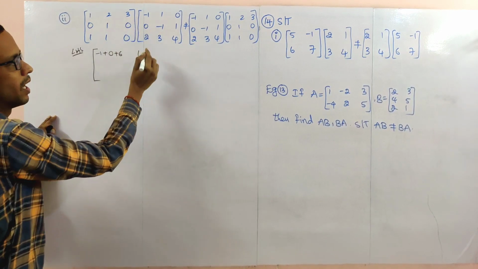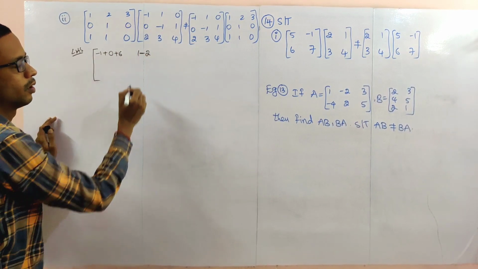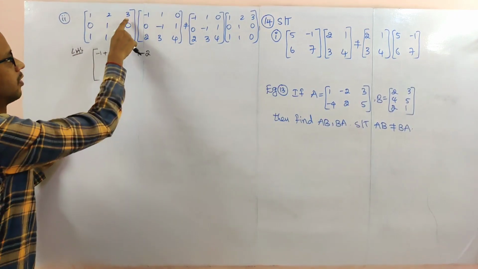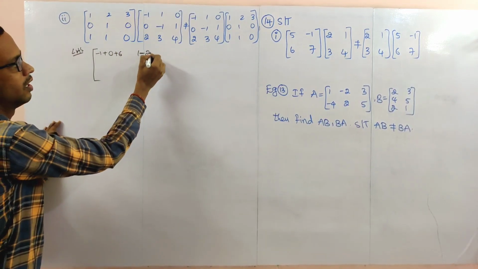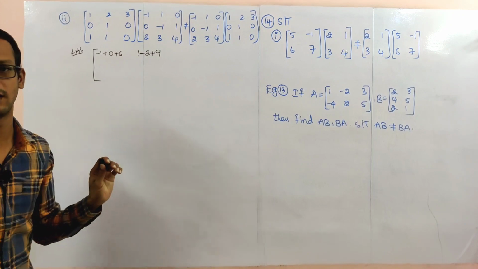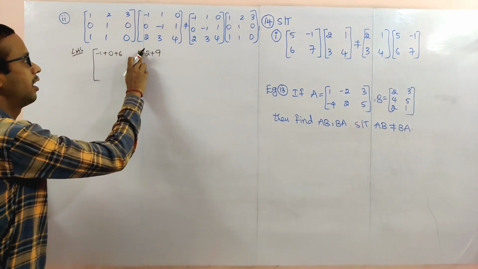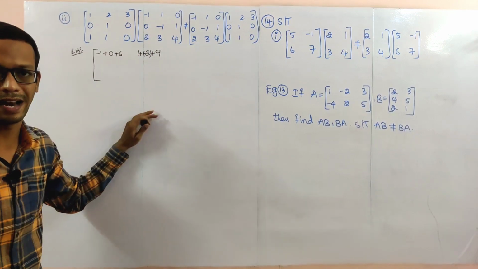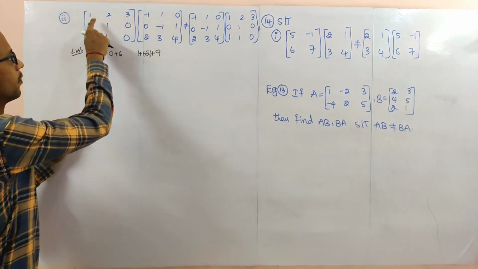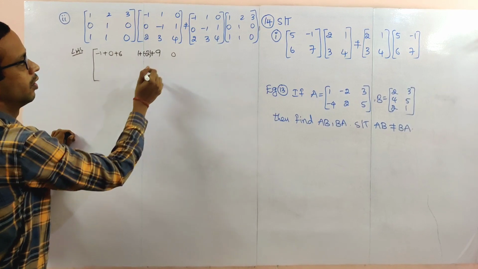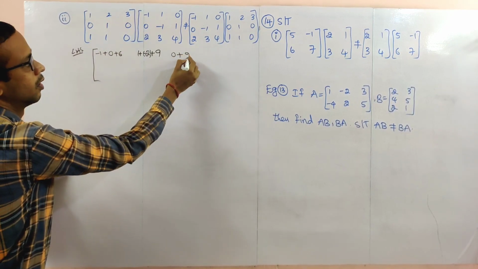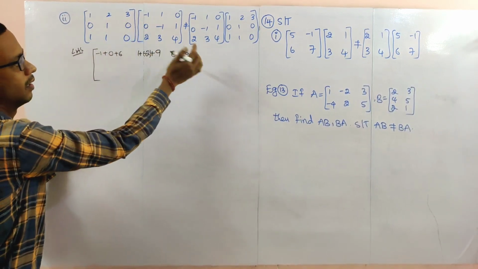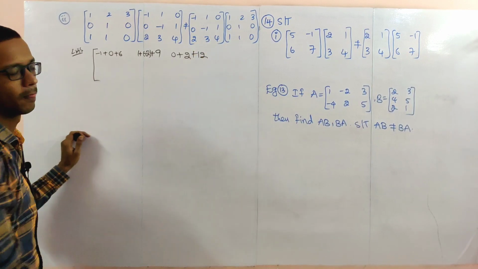Plus 2 into minus 1, minus 2. Plus into minus, minus you will get. Next, plus 3 3s are 9. Otherwise, write here also if you have any confusion, plus 2 into minus 2 in bracket. Next, 1 into 0 is 0, plus 2, plus 12.